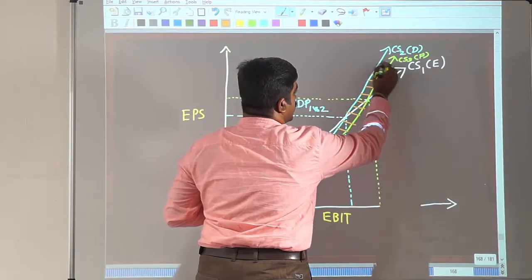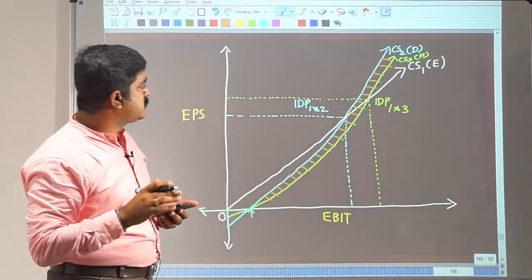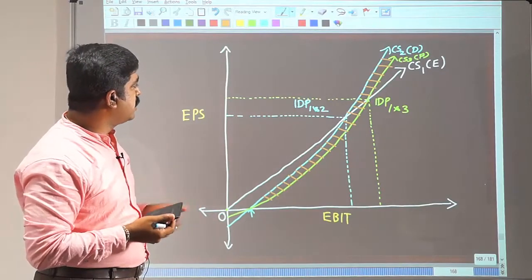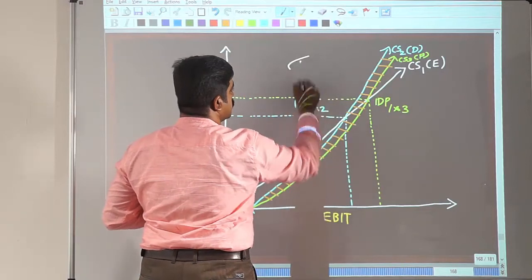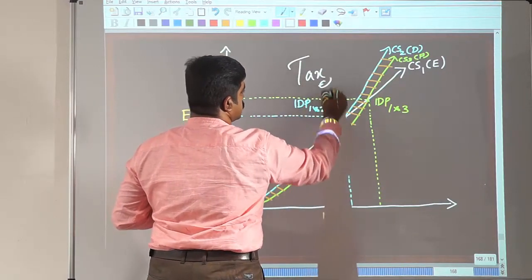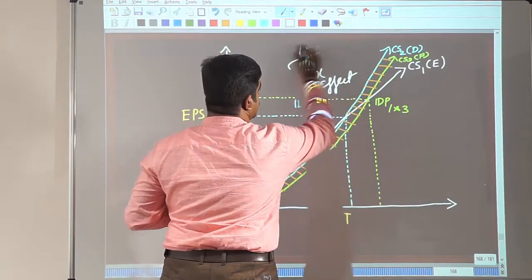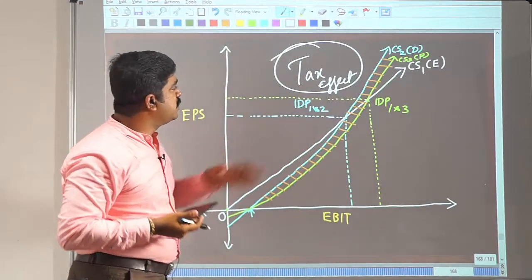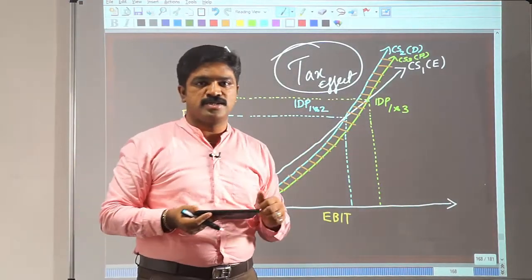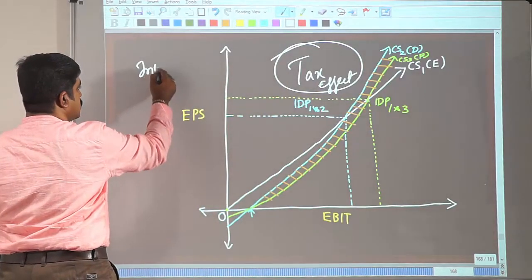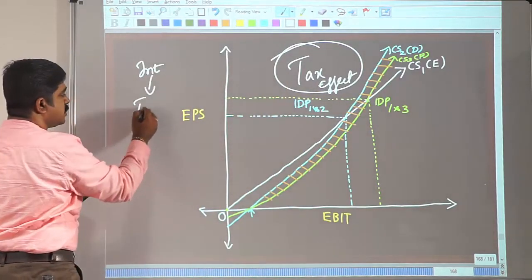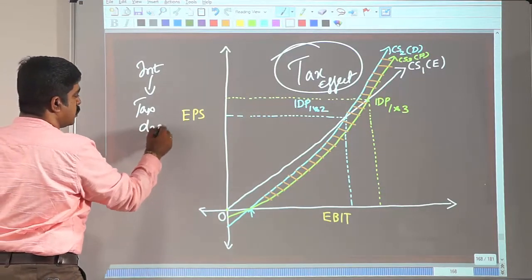And why do you have this line of difference between debt and preference? The answer is very simple. It is the tax effect. There is a tax difference between the preference and debt, because whatever you pay in the form of interest is basically a tax deductible item.